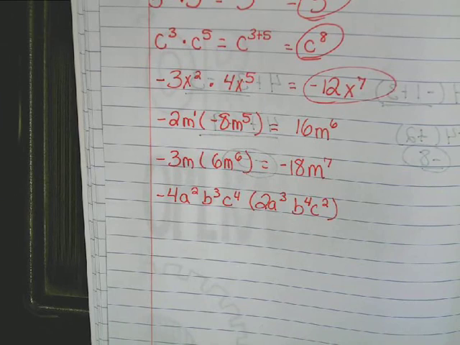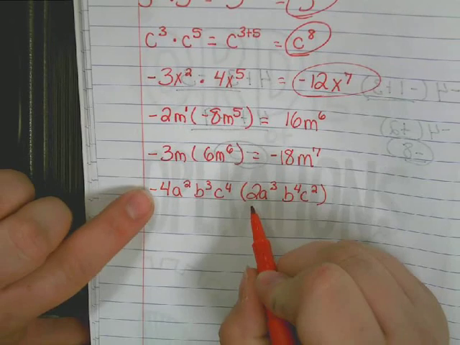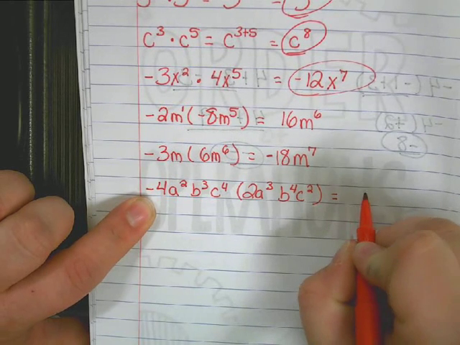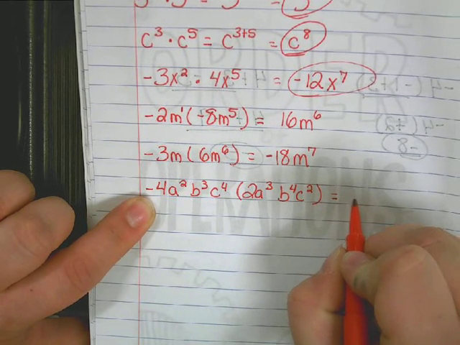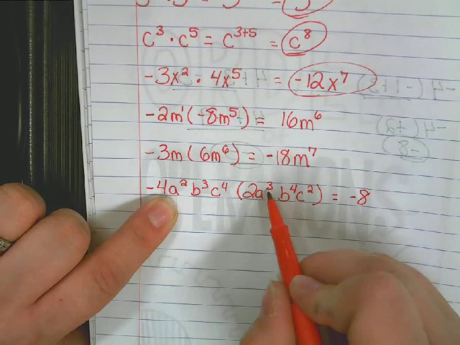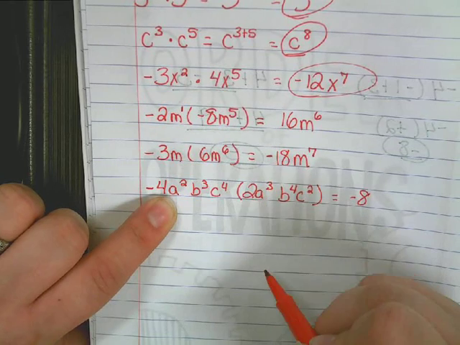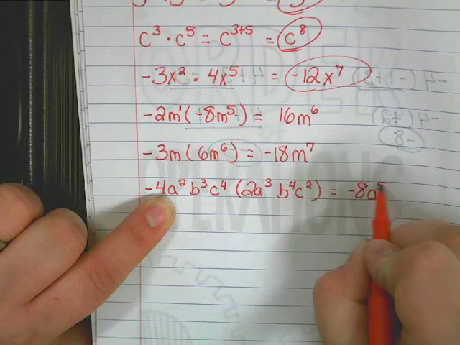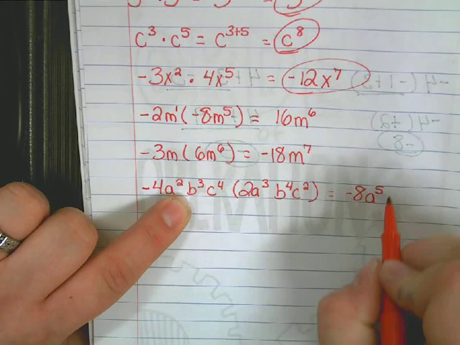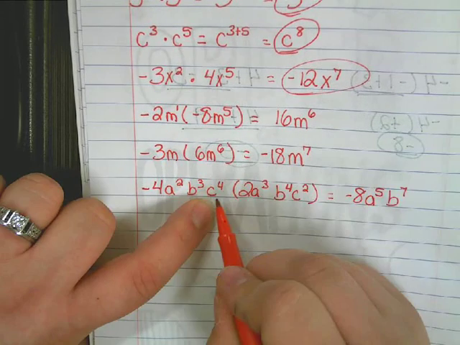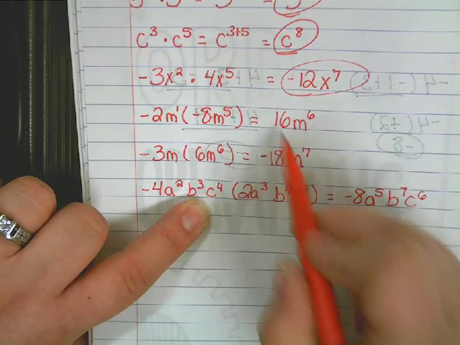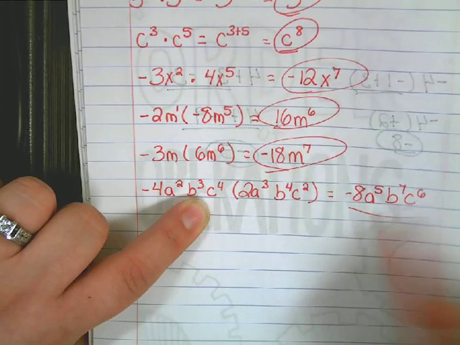So negative 4 times 2, negative 8. Now, how many a's do you have total? You have 2 here, you have 3 here, so a to the 5th. B, you have 3 here, 4 here, b to the 7th. C, you have 4 here, 2 here, so c to the 6th. That's a really big answer, so just break it down.